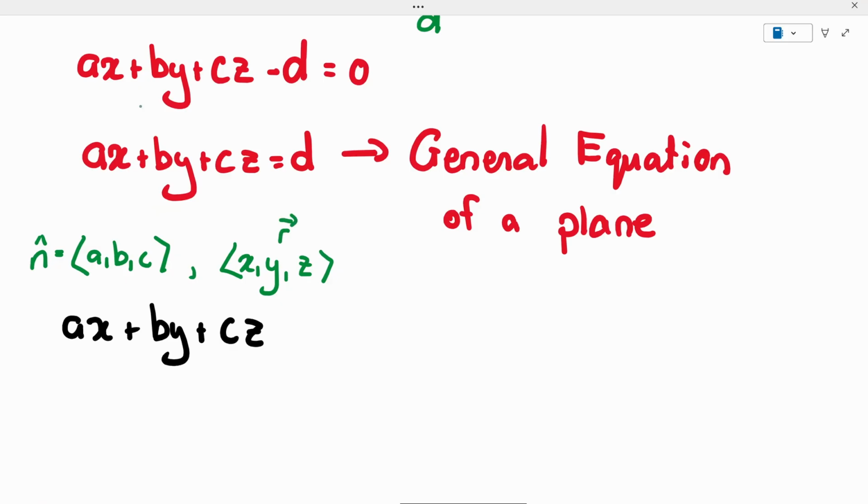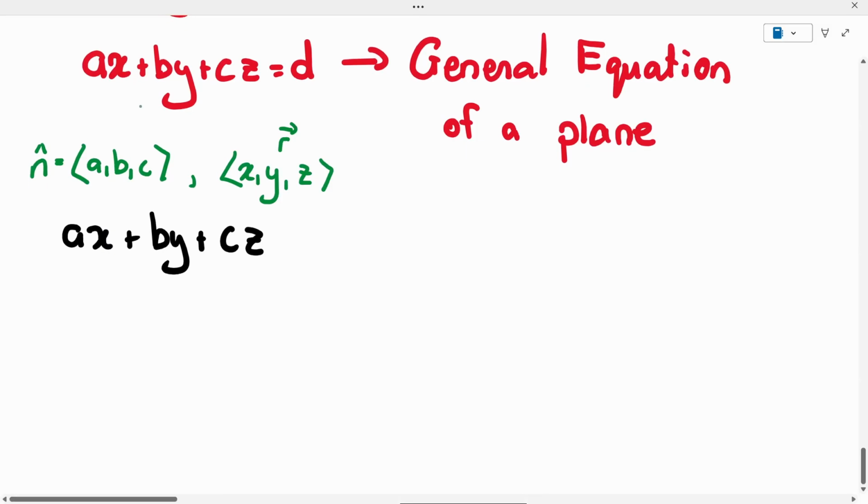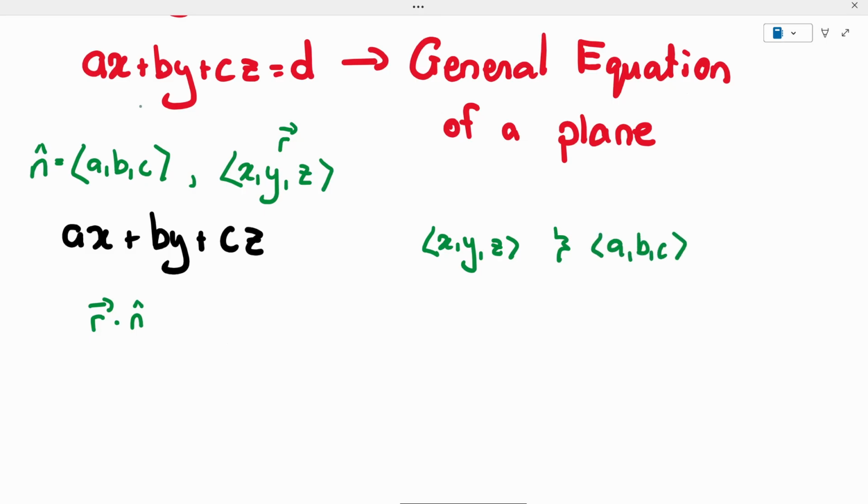So if I write x, y, z as r and a, b, c as n, what you'd notice is that ax plus by plus cz is the dot product of r and n. Because generally, if I give you x, y, z and a, b, c and ask you to find the dot product, it's the product of the first components, plus the product of the second, plus the third, which is this.